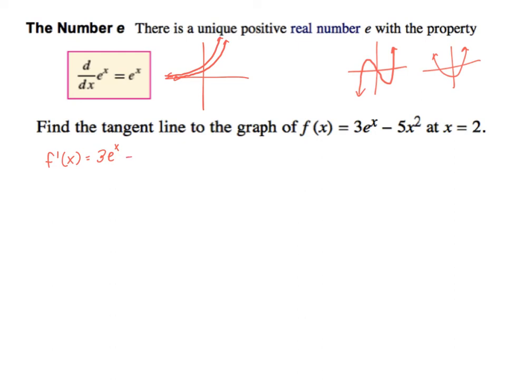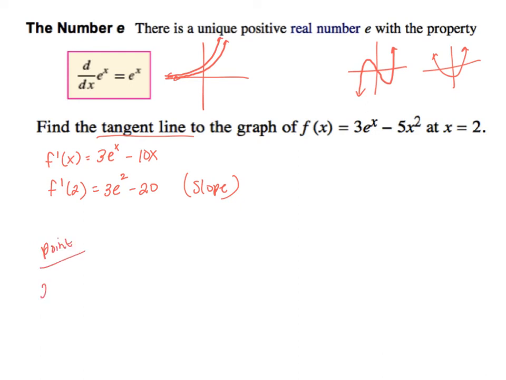Minus 5x squared becomes minus 10x. And if we want the derivative at 2, we evaluate 3e squared minus 20. So this is our slope, right? The slope of the tangent line. We need our point.